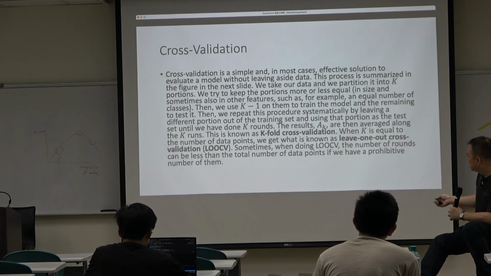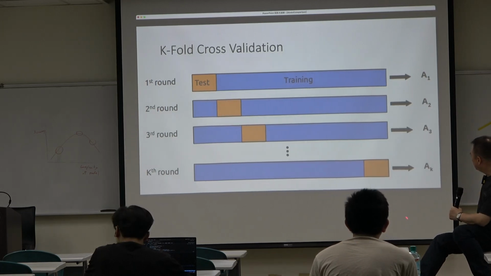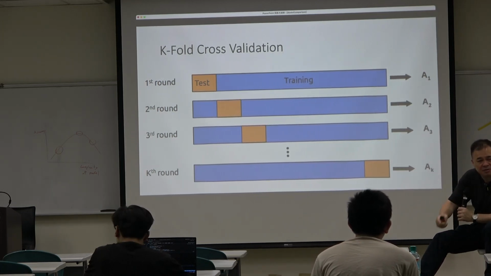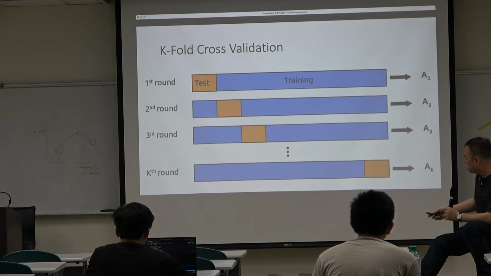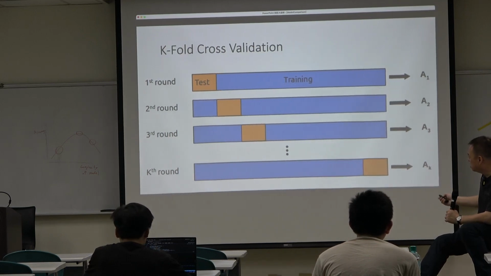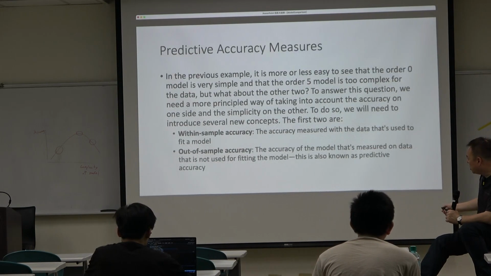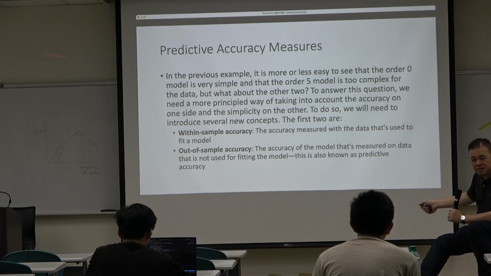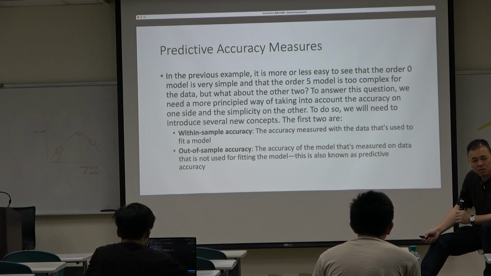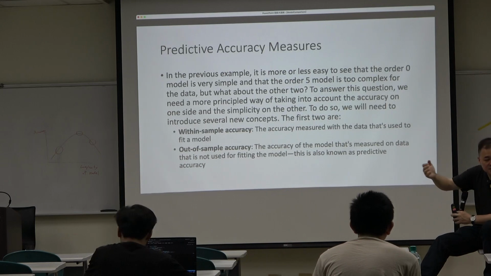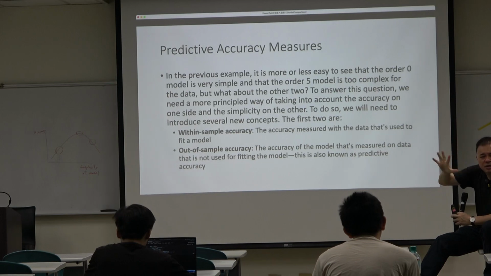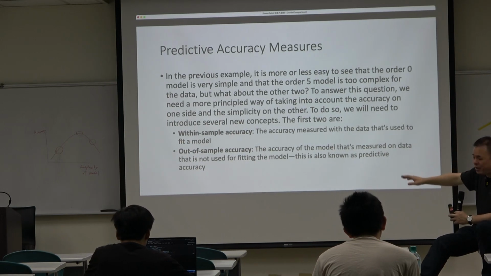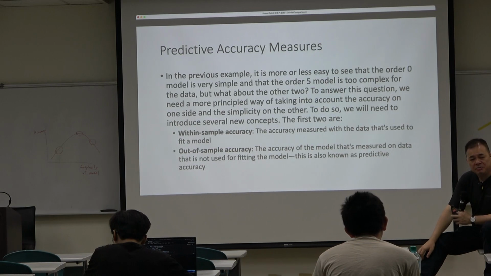Remember, what is the purpose of cross validation? The purpose of cross validation is to approximate our out of sample accuracy. So if you already collect maybe 30 runs from the LOOCV, that average may already be accurate enough for our out of sample accuracy anyway.